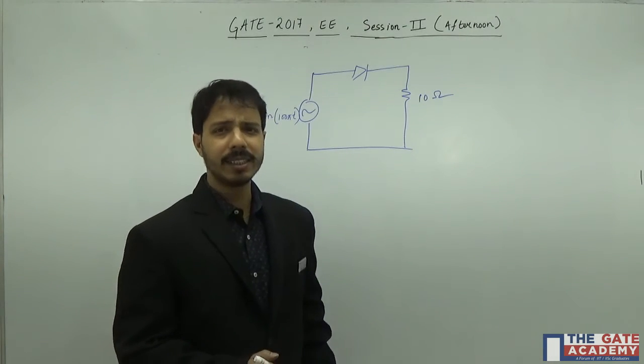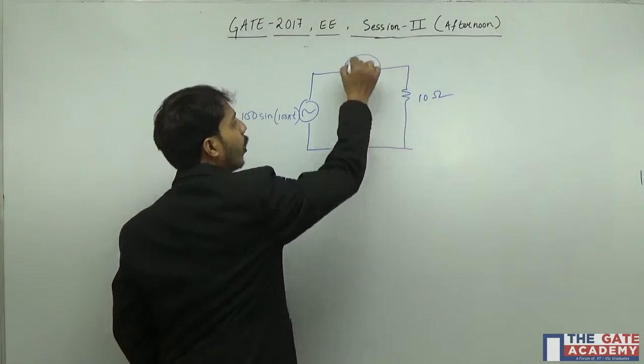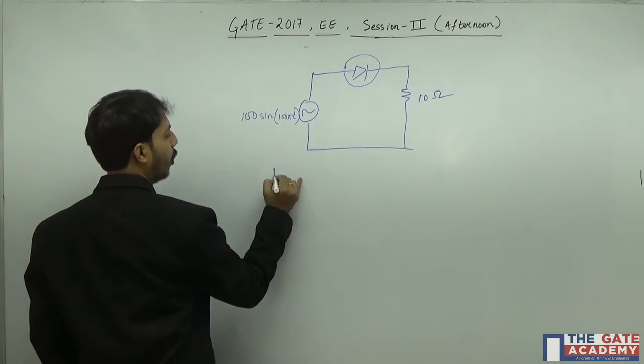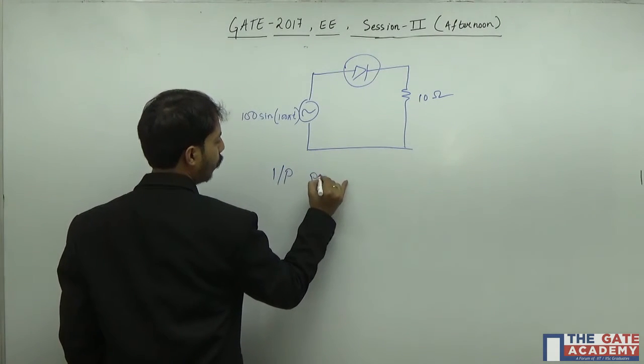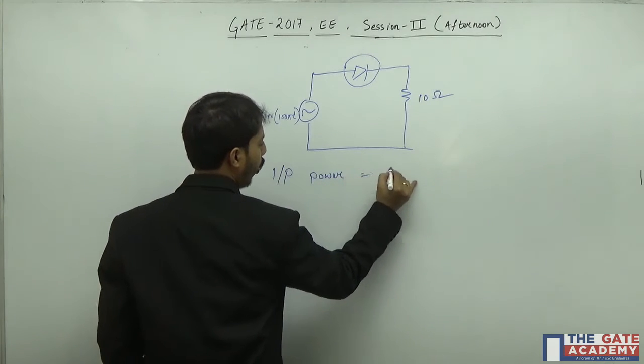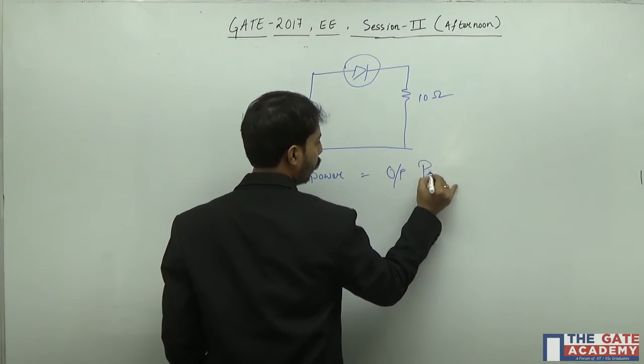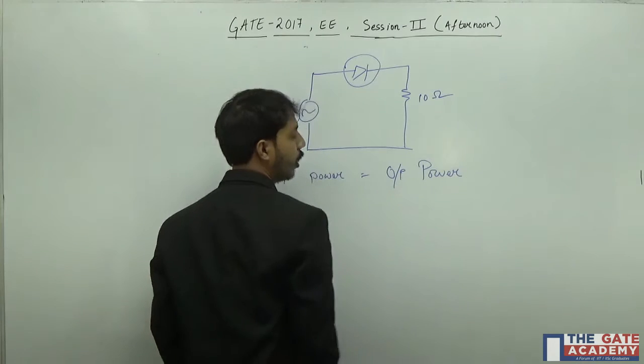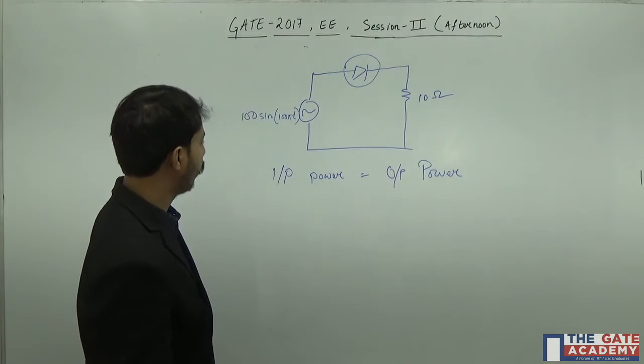So since this ideal diode is used, what I can say is input power is equal to output power, real power or active power, whatever we say.